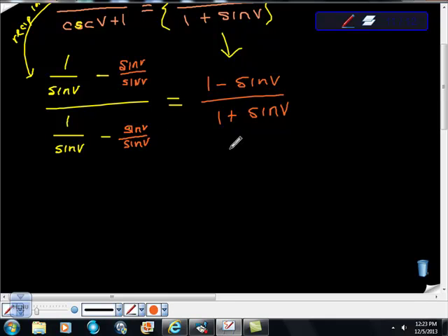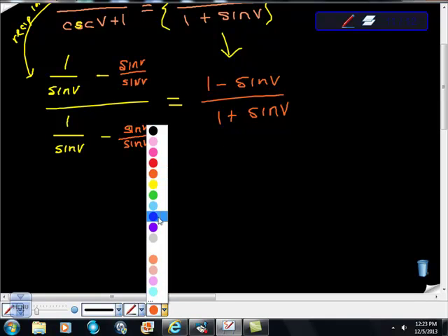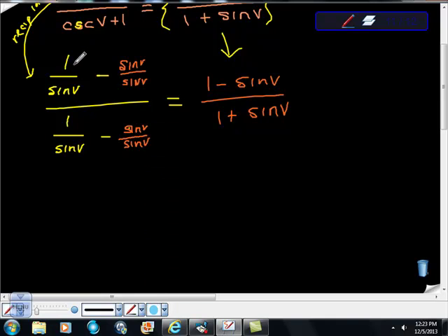And then I'm going to combine these. Let me get a better color. So I get 1 minus sine v. So I have 1 minus sine v. We can see that their denominators are the same, and we don't add them. We just make sure that they match, and they do. So there's that sine v. So this is me rewriting the numerator.